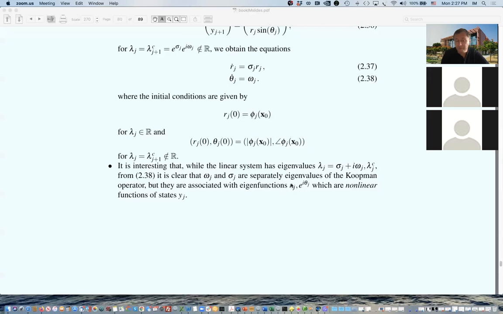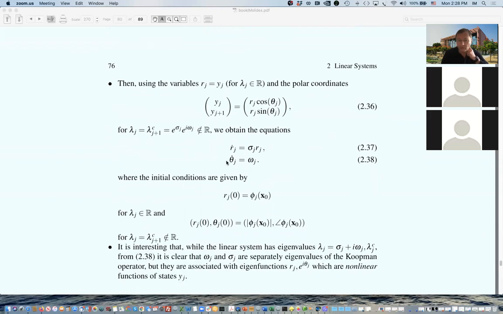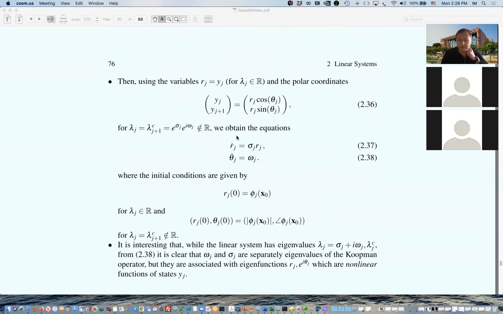But that Rj, if you take the square of this vector, is equal to yj squared plus yj plus 1 squared. And so it's a nonlinear function of the original coordinates. So we found an eigenfunction of the Koopman operator, but that eigenfunction is not linear.